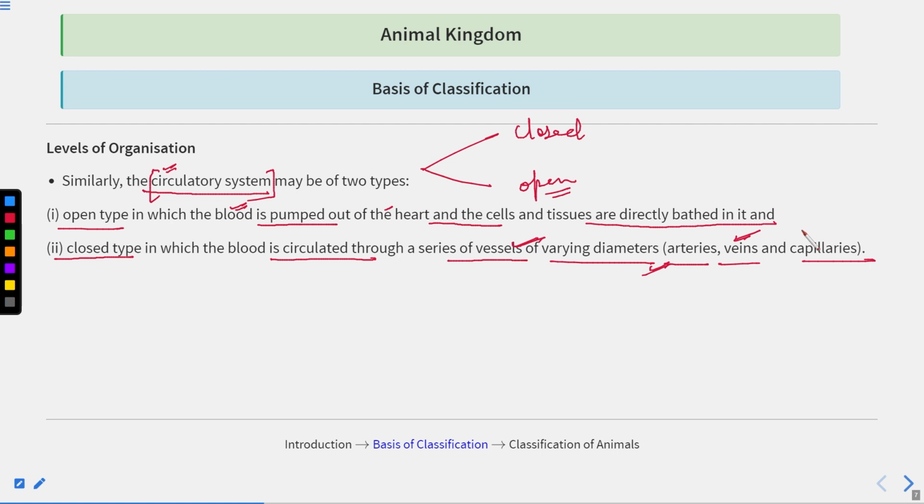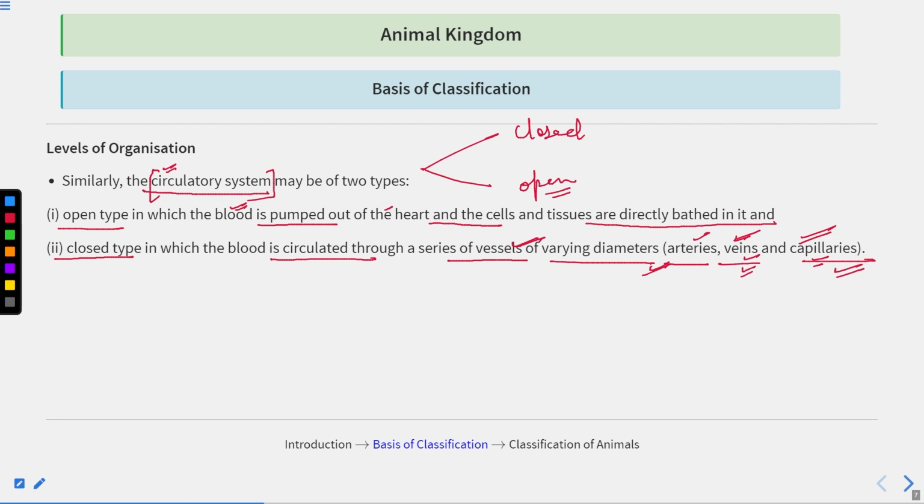Now there is a third type of vessels that is called capillaries. Its lumen is very thin, and it is less than that of both arteries and veins. So when arteries reach a particular organ, they divide and redivide into fine capillaries. So these are the capillaries.